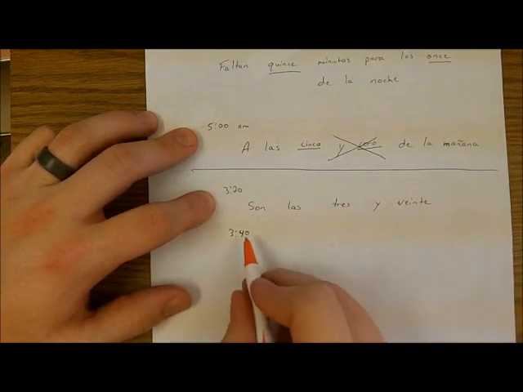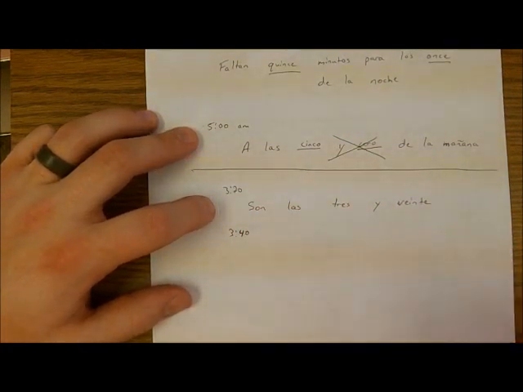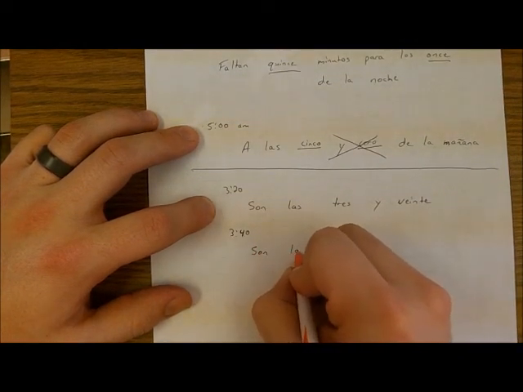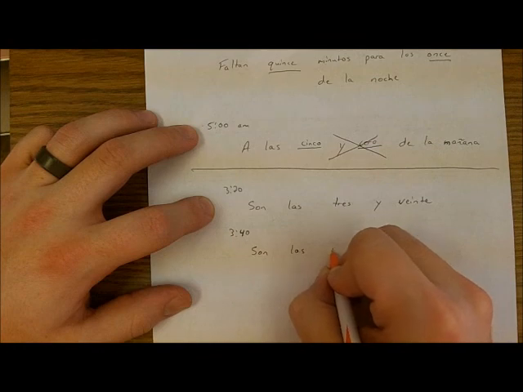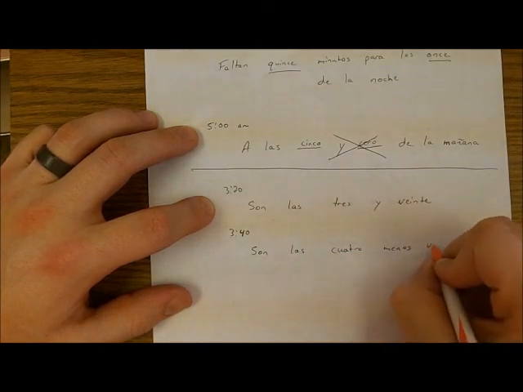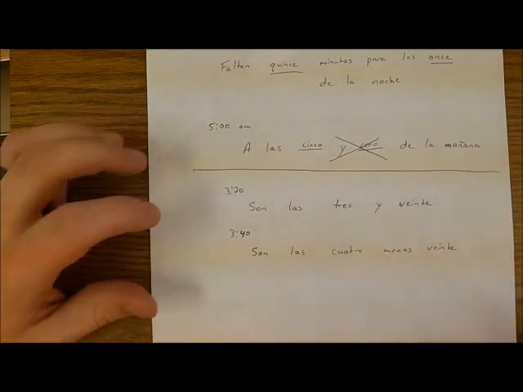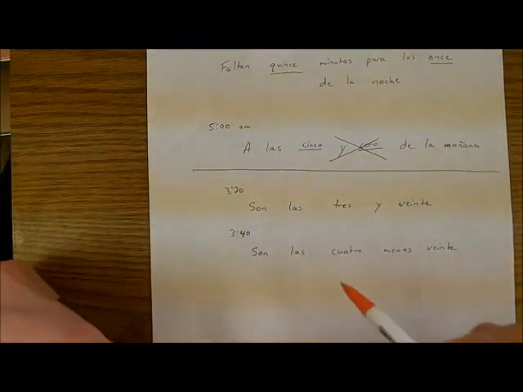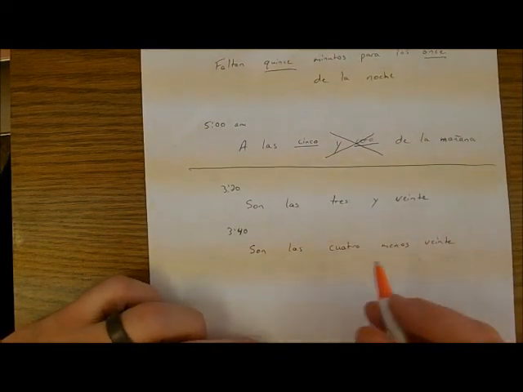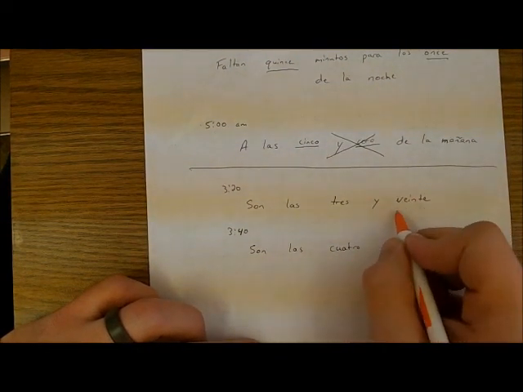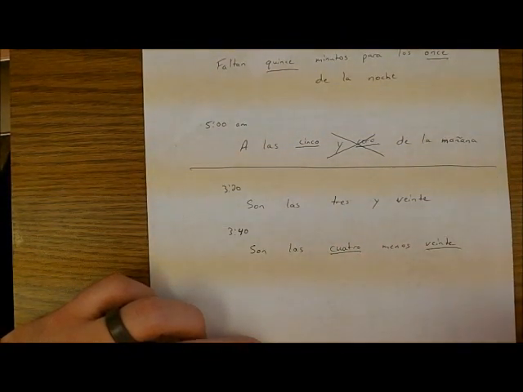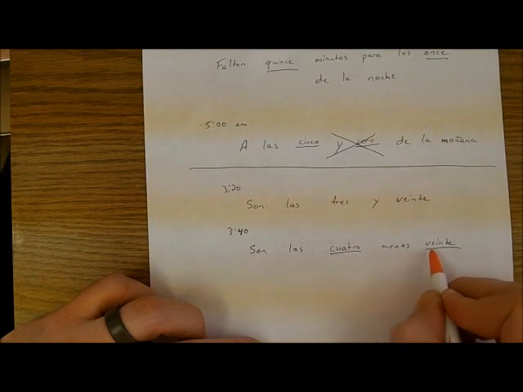Now, instead of saying "faltan 20 minutos para las 4," they're going to tell you to say "son las 4 menos 20." Alright? You're still using the same words, which kind of helps you out. You're still using almost the same format, in the fact that you just change these two around. So your hour is first, your minute is second, and this means 4 minus 20.